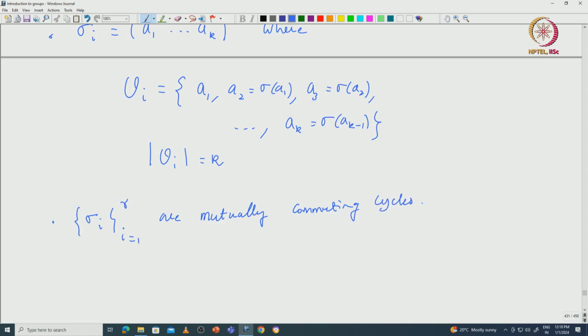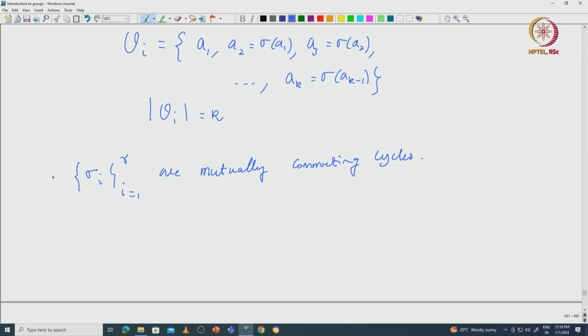Why? Because their support corresponds to disjoint orbits. Now it is easy to see sigma has to be just the product of these sigma_1 etc. sigma_r. I will leave it to you to verify all of this.